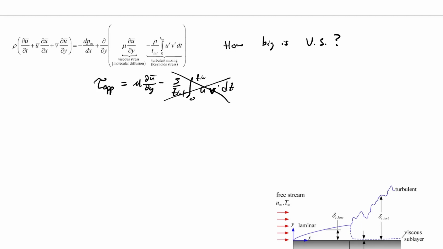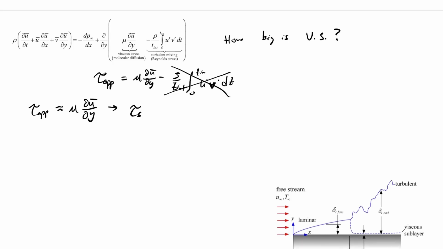So we write that as tau apparent is approximately equal to mu d u bar dy, which is actually the same thing as our shear stress at the wall because we're so close to the wall. There's not been much opportunity for loss as we move away.